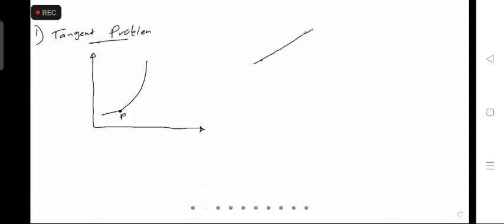How to do this? With a single point, can you define a line? Yes or no? No. You need two points to define a line. Otherwise, you cannot define a line.